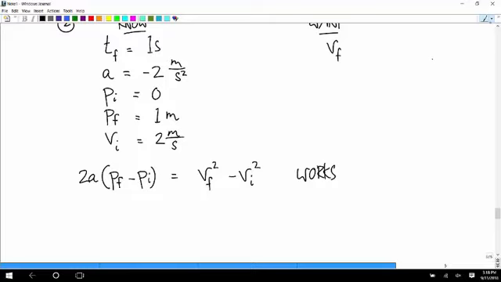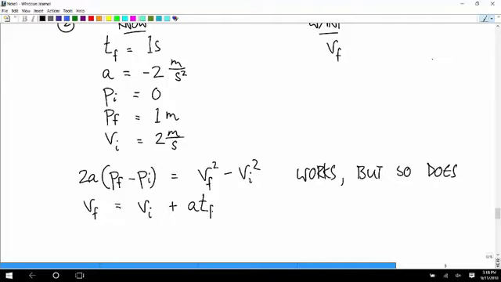Oh yeah, it does. You're right. So let's use that one actually because it's easier. Always take the easy way. So V final is equal to V initial plus a t final.